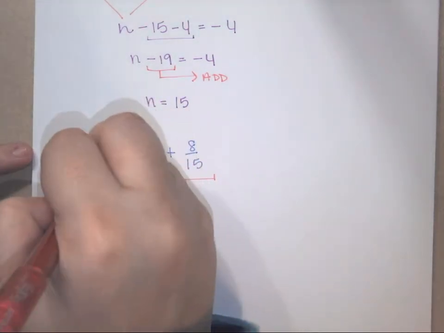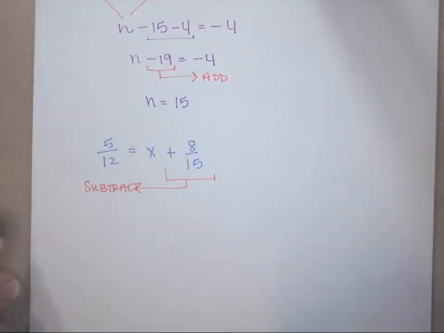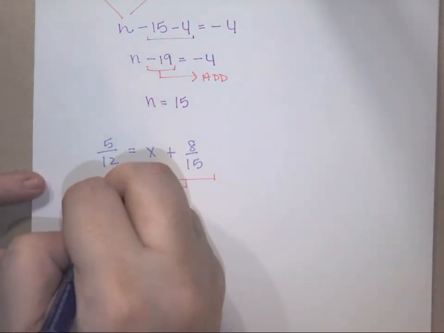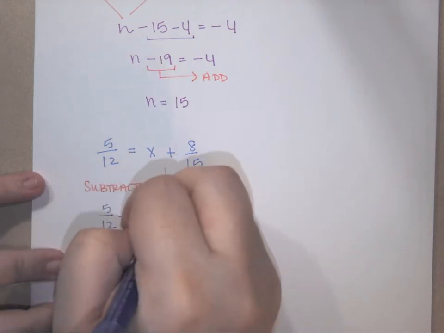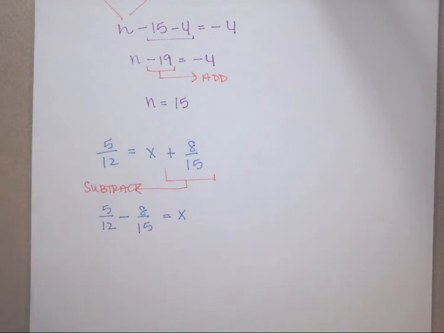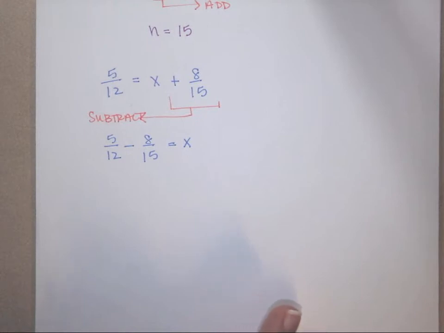Now let's take a look at a different equation. What happens if I have this one, where I have 5 over 12 is equal to x plus 8 over 15? So the first thing I want to do is isolate my variable.